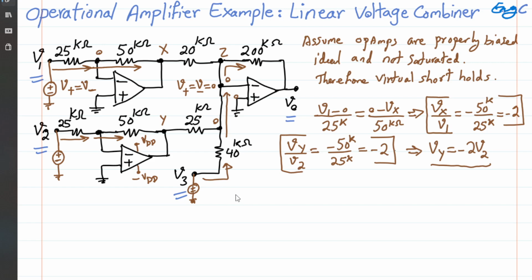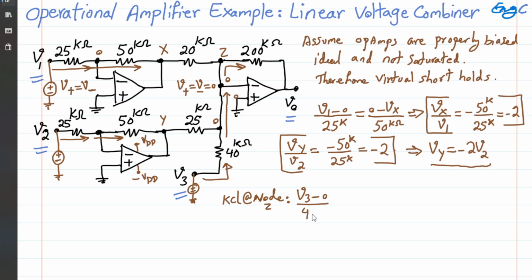If that is the case, then we simply have a similar situation. So we just write one KCL at node Z. If you write it, it will be V3 minus VZ, which is 0 volt because of the virtual short, and the only resistor here is 40K.